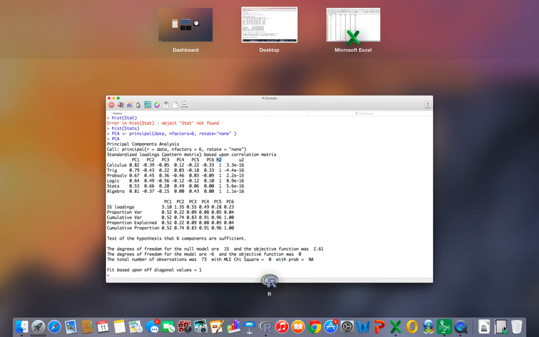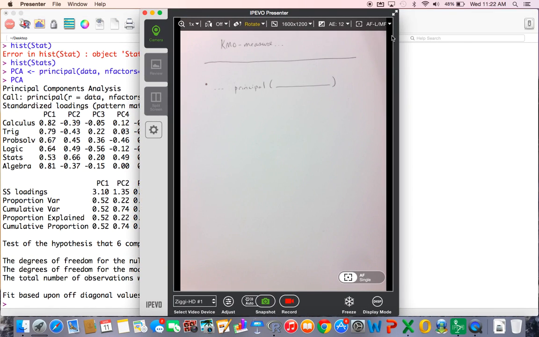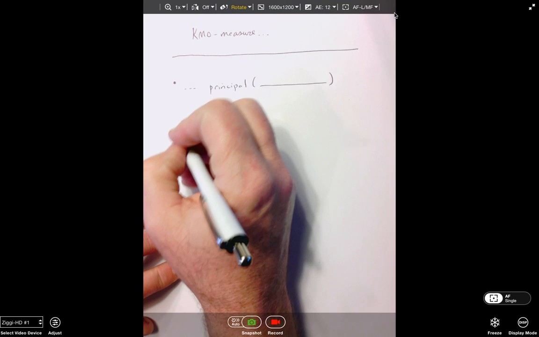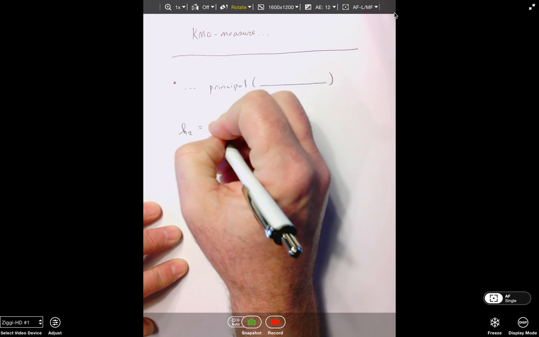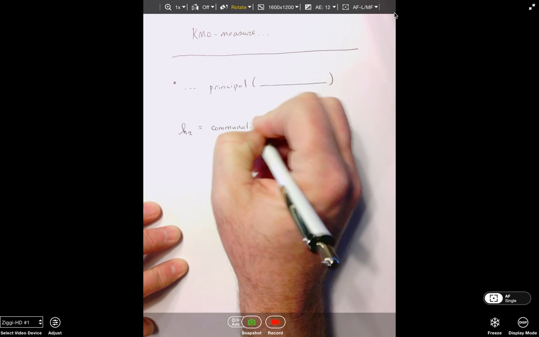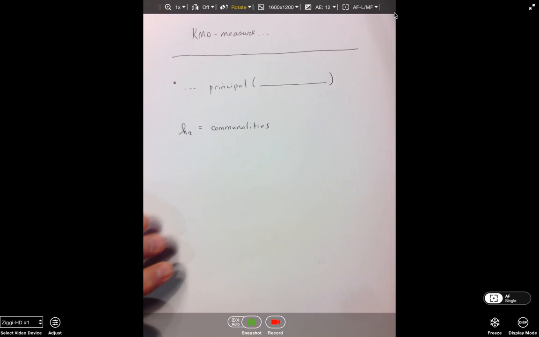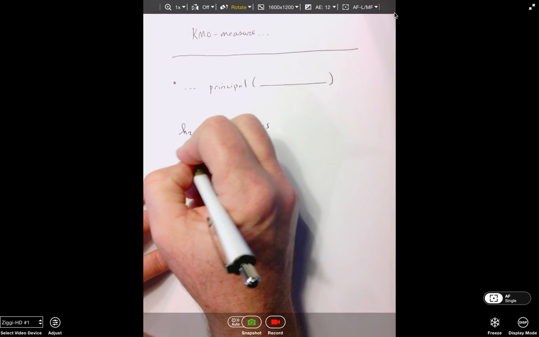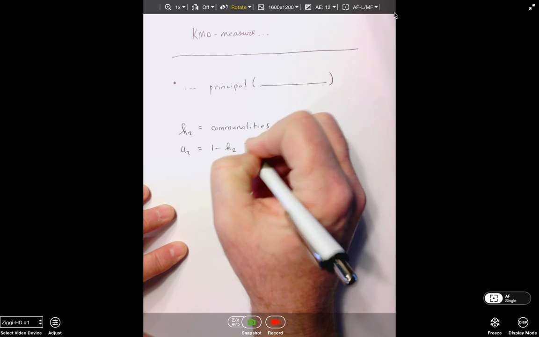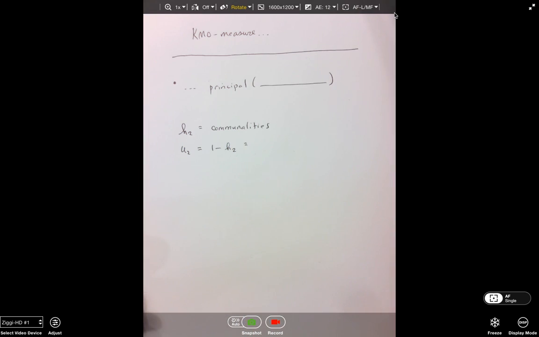Let me go back over here and write this down. So H2 stands for the commonalities. And U2, sounds like a band, right? U2, is 1 minus H2.